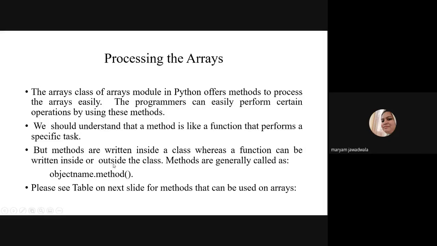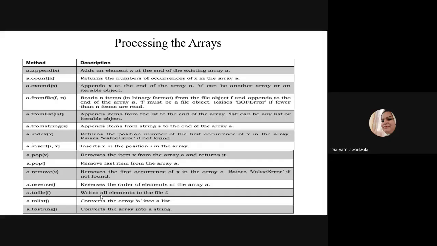Suppose I want to use some methods defined in the array class, then first I need to create an array object, and using that array object, I need to call the array methods. So we have several ready-made methods available in the array class. The next slide will display the ready-made array methods available in the array class.